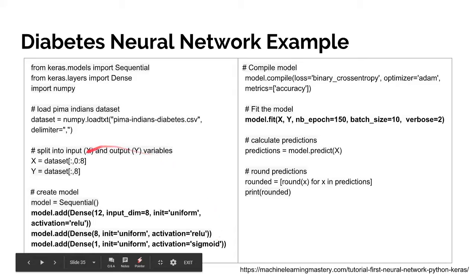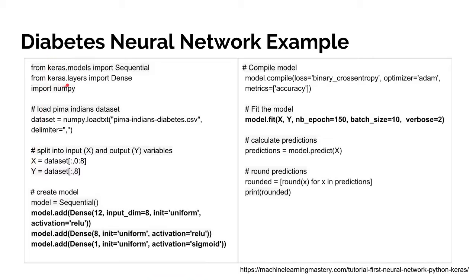Okay? So this is all the code we need to set up the neural network. And all the heavy lifting has been done for us by the authors of Keras and other packages. So this is really great because it makes machine learning really accessible to people who don't want to write the code from scratch.